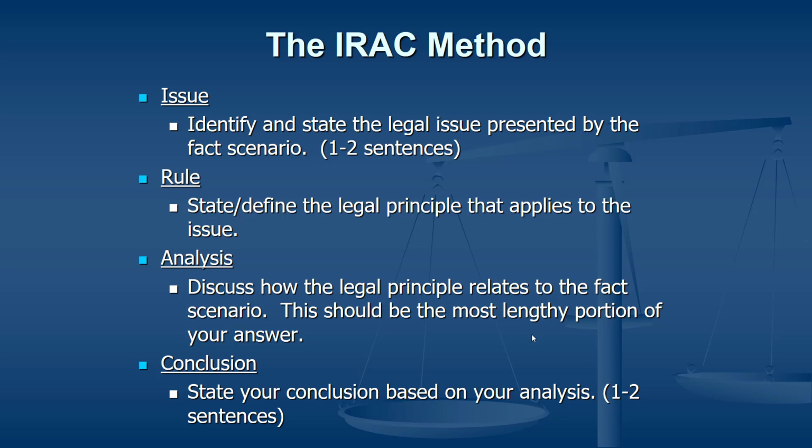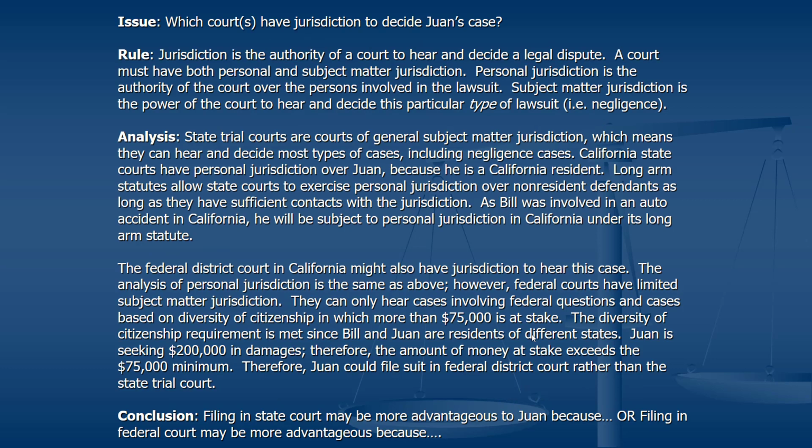And so here's a sample answer to the case that we looked at earlier. We have our issue, which courts have jurisdiction to decide Juan's case. That was the issue that we needed to decide. Then we have our rule. And the rule here might be a little more lengthy than normal, but the legal principle that applies here is jurisdiction.